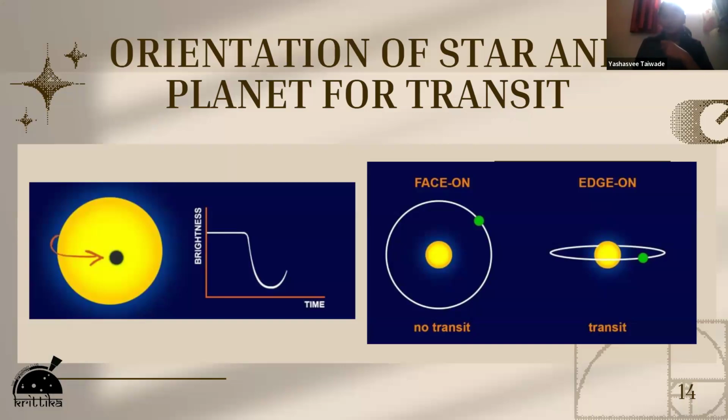If we can see the entire orbit, like if the planet is always in view, there is no transit. The orbit needs to be in a specific orientation for us to be able to see a transit, which is the edge on one. Both the images point out that this is the orientation we need.